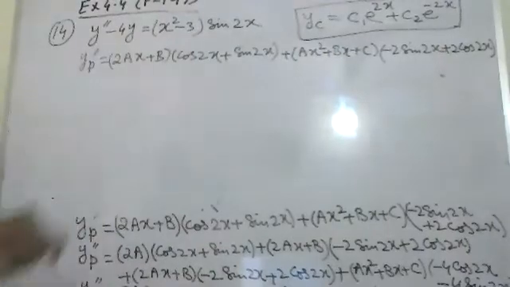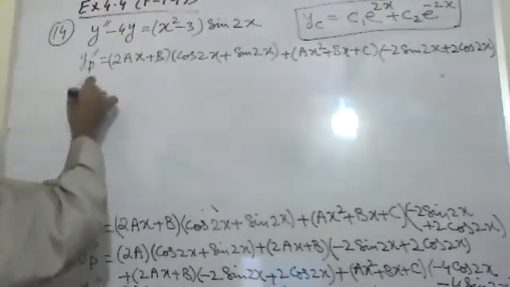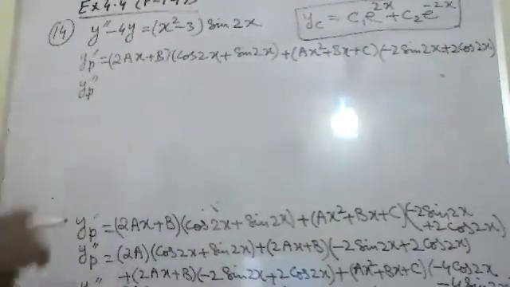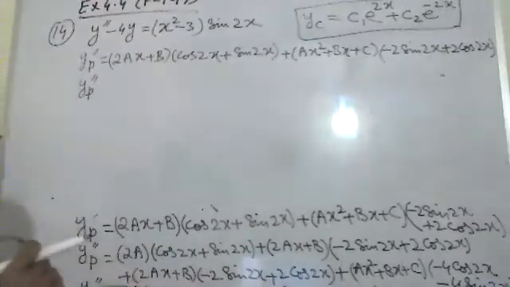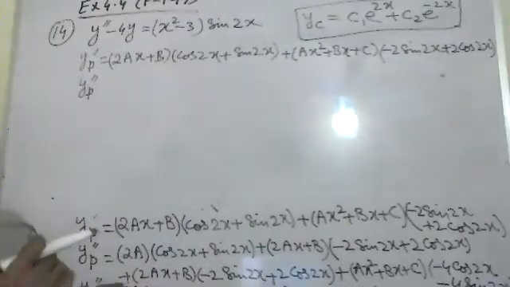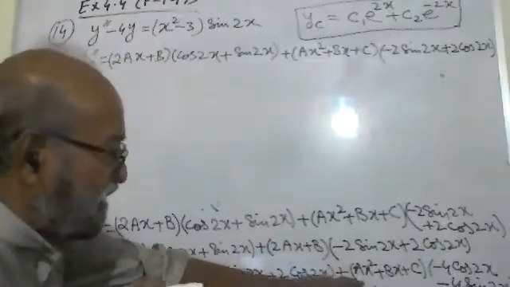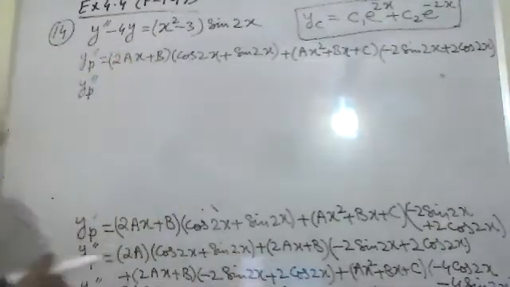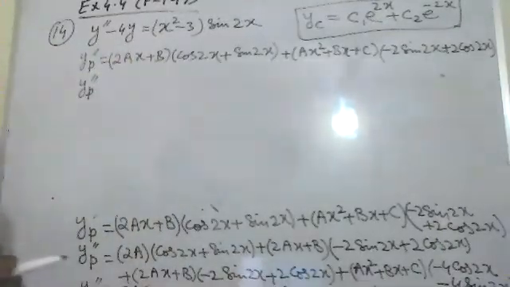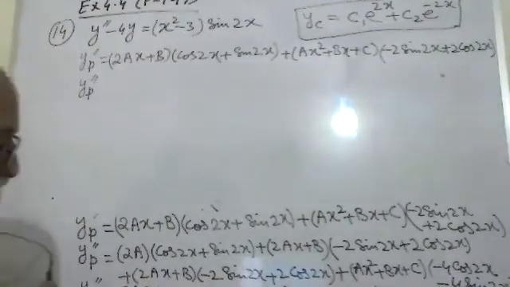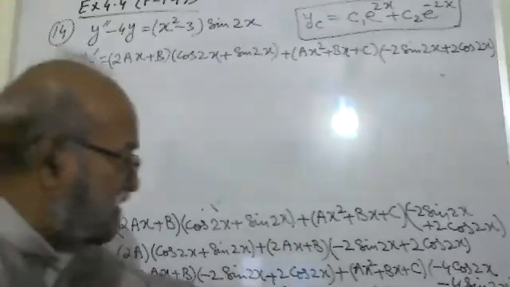And yp double dash, we have simplified only. We multiplied with ax square. The remaining has to be multiplied. So first we'll simplify this one. 2a cos 2x.